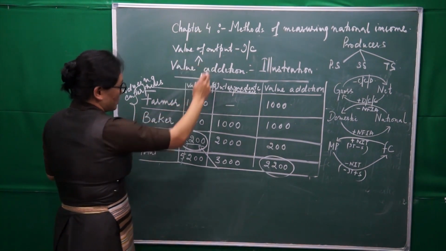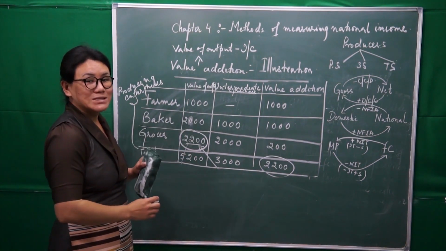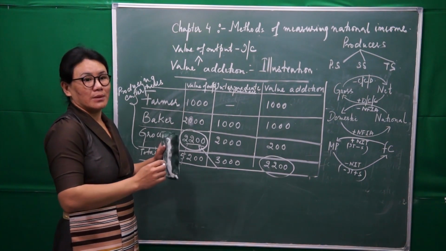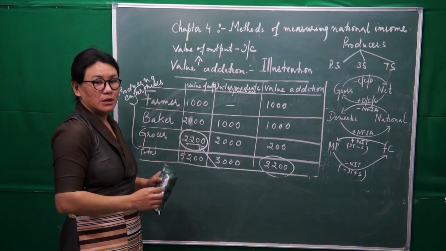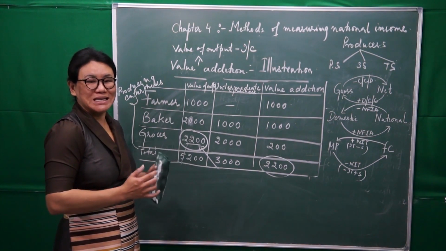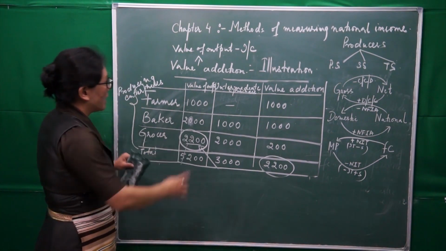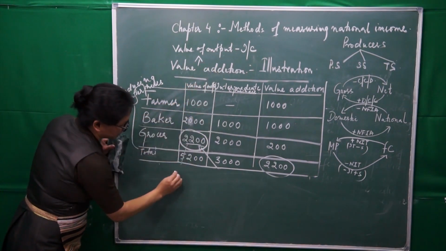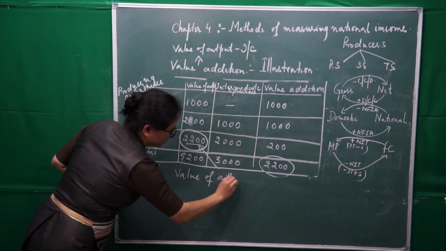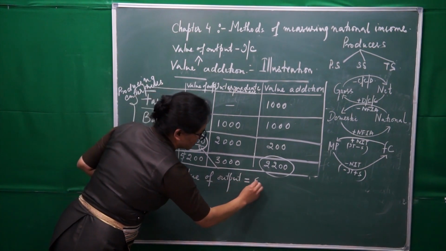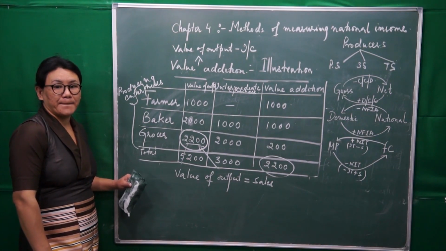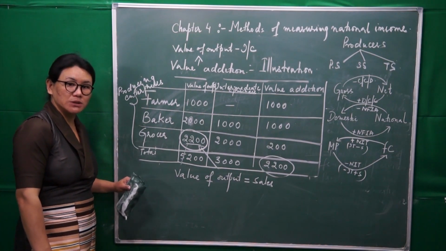Now, whatever has been produced in an economy during that year, if the entire output is sold during the same year, then the value of output will be equal to sales. Okay? Value of output will be equal to sales.